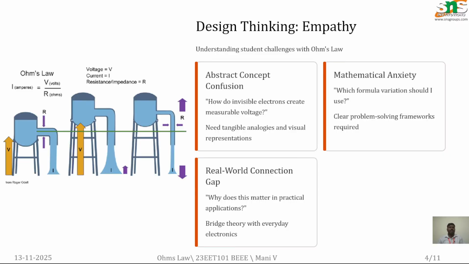So now you can see the image here. The voltage represents the height. This is nothing but a water tank, and we can store water in the tank. If the height increases, the pressure can be increased.